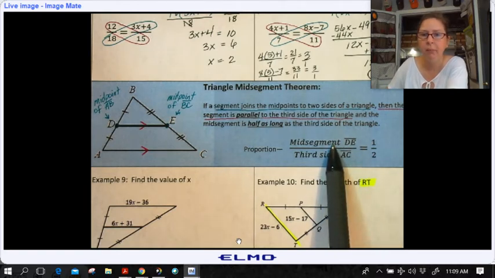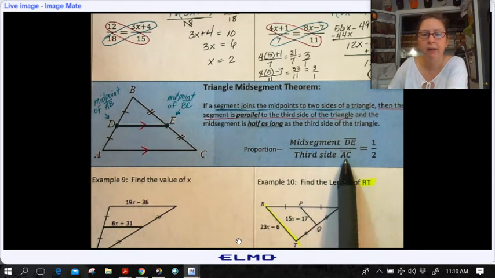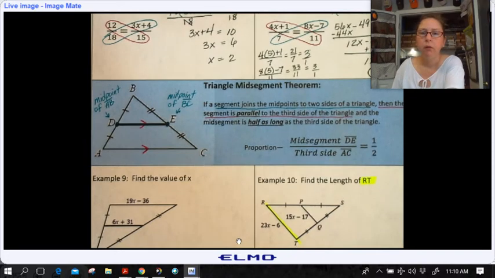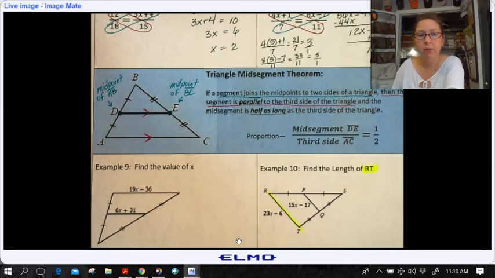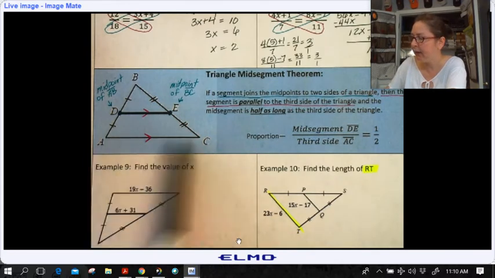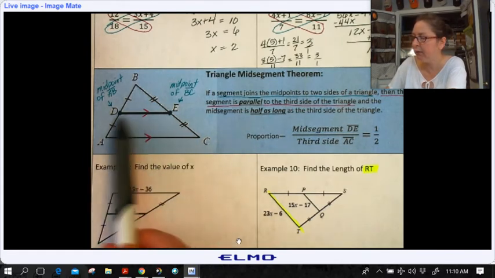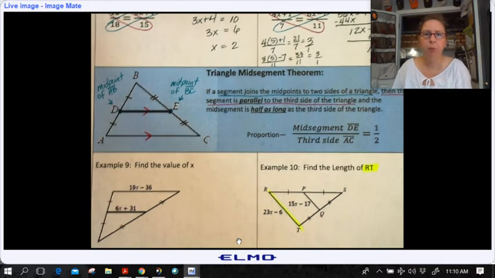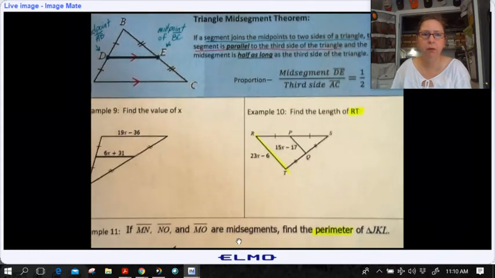The mid-segment, DE, over the third side, AC, is equal to 1 over 2, 1/2, okay? So another way that you could also say this or think about it is that AC is twice as long as DE, okay? So let's jump right in with example 9 and think about how we're going to use this proportion to solve problems.